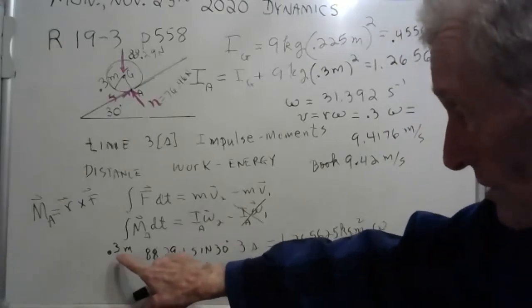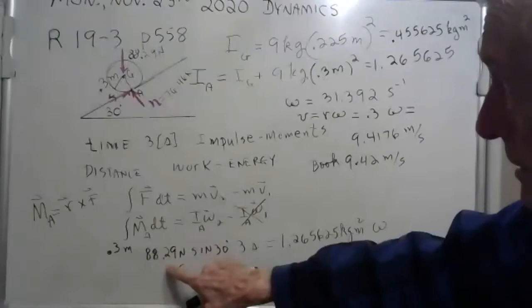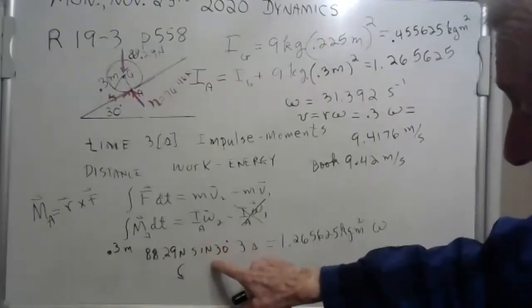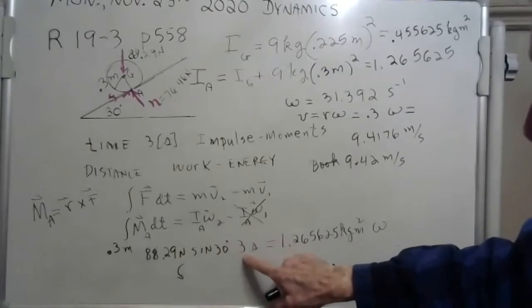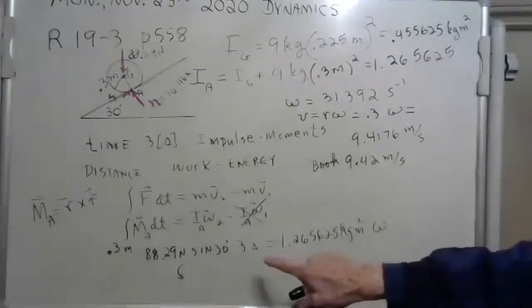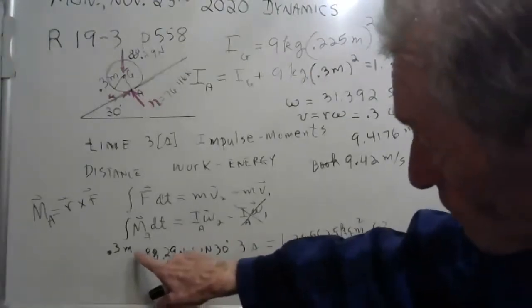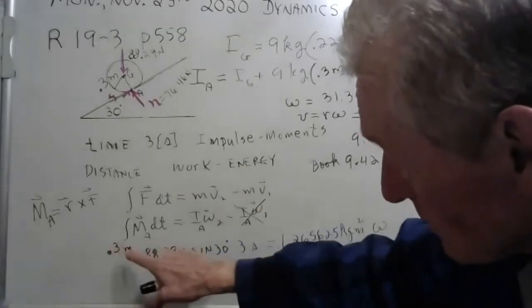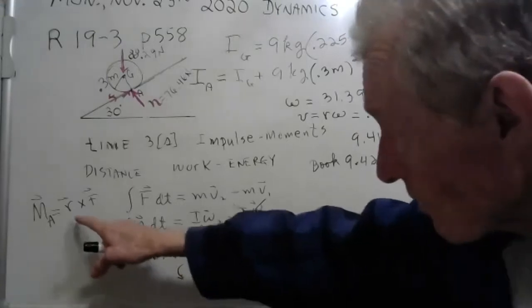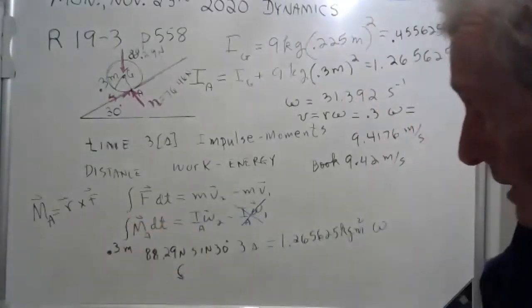Stuart, I want you to take 0.3 times 88.29 times the sine of 30 times 3, and then divide it by. Okay, I wasn't multiplying by the 0.3. I probably stuck that too far over, but you're okay. See, that's the R in R cross F. You understand?